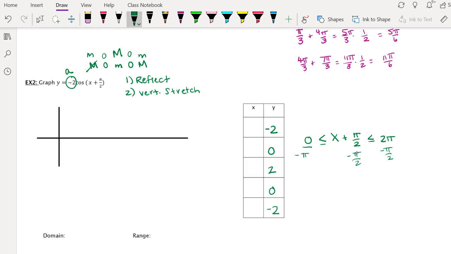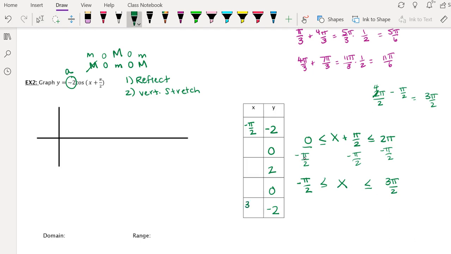That's a minus pi over 2, so I get negative pi over 2 as the start. And then, if I take 2 pi minus a half pi, and I give this a denominator of 2, then this needs to be a 4, so I get 3 pi over 2. And x is in between.